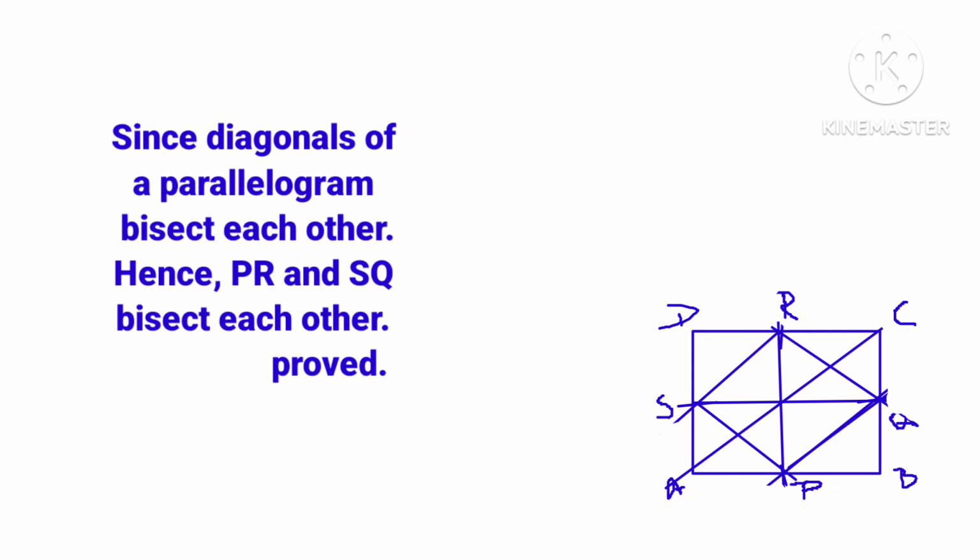Since diagonals of a parallelogram bisect each other, here PQRS is a parallelogram and PR and SQ are diagonals of parallelogram PQRS. Hence, PR and SQ bisect each other. Proved. Thank you.